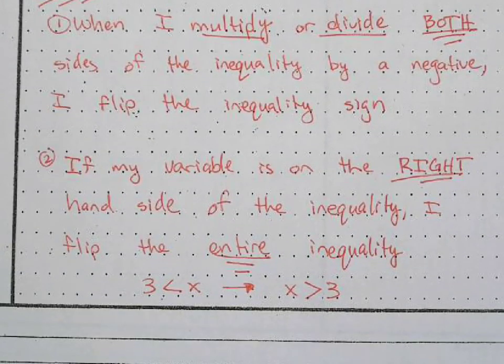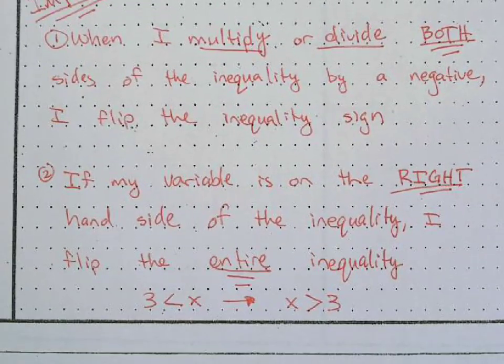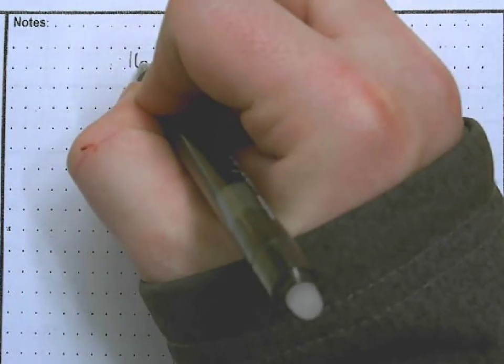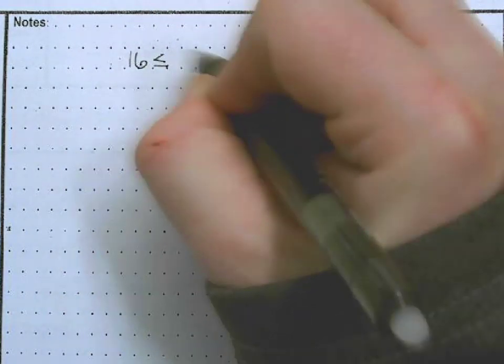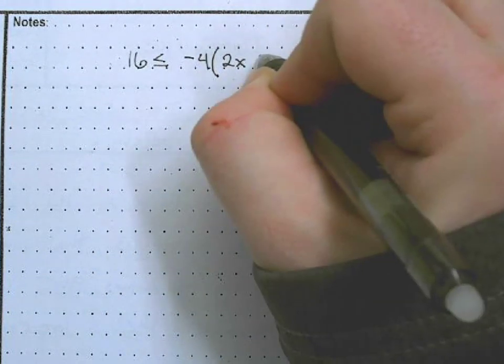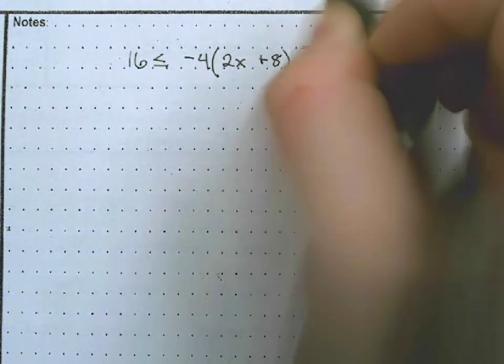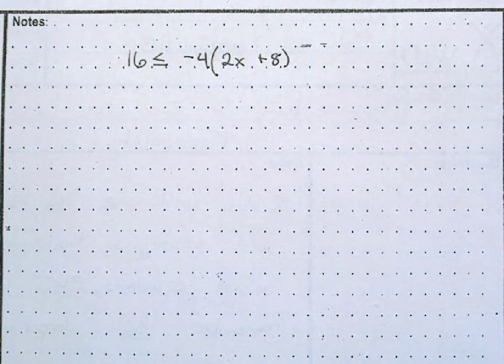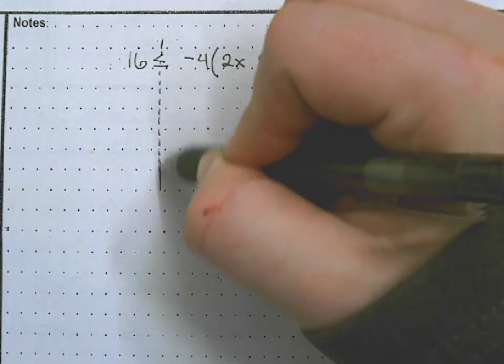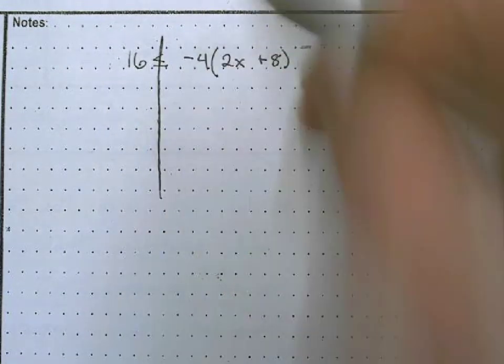Okay, let's do one example, and I'll have both of these important ideas in this example. So my example will be 16 is less than or equal to negative 4 times 2x plus 8. So we can still use our line to help us organize.